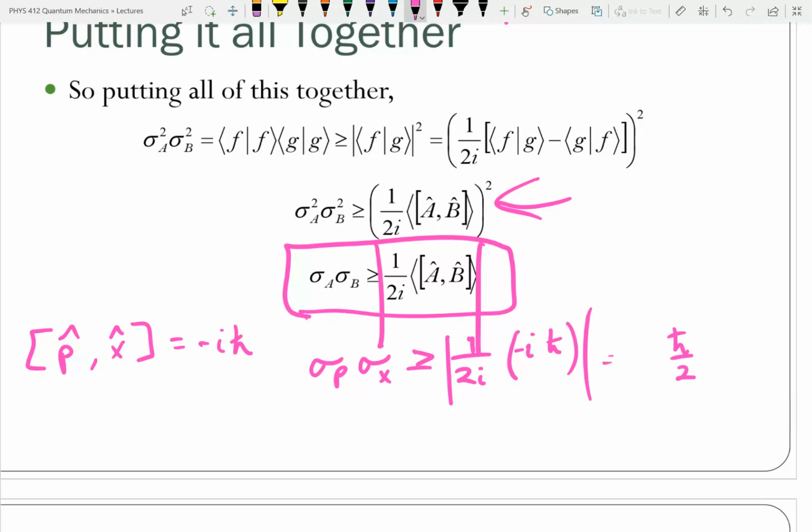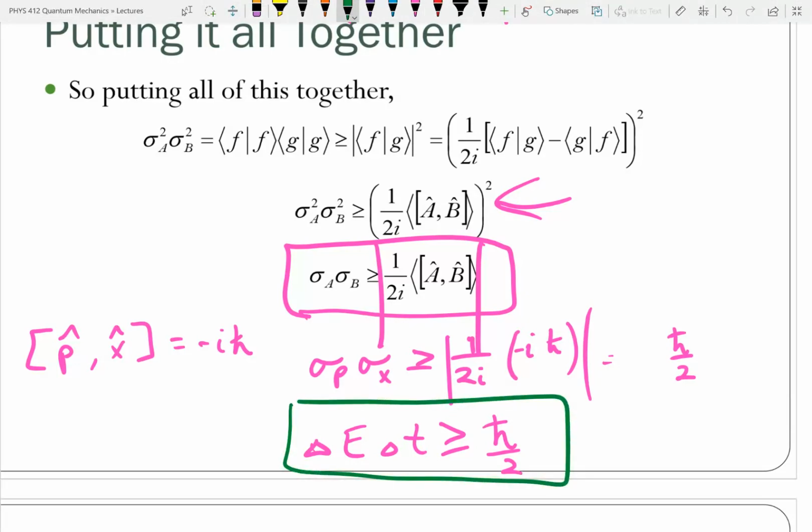And to put the answer before the problem, it turns out you have the same uncertainty relationship. It turns out that your uncertainty in energy multiplied by your uncertainty in time is greater than or equal to h bar over 2. And based on that, you would think, well, it's always h bar over 2, right? And you would be wrong. In that case, it's the same h bar over 2.